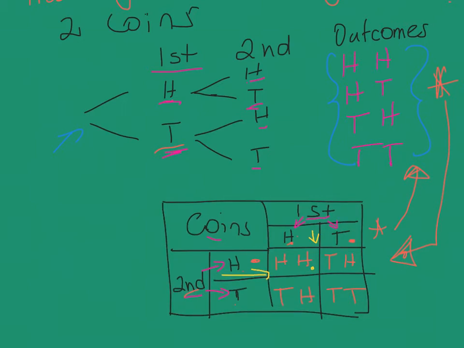And that essentially is a very basic version of tree diagrams and also our two-way tables. Okay, so now for homework, I would like you to give it a go.